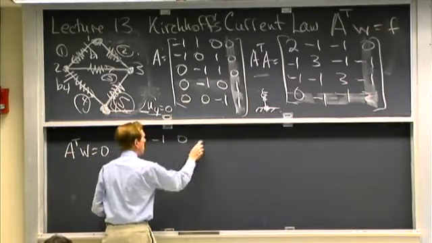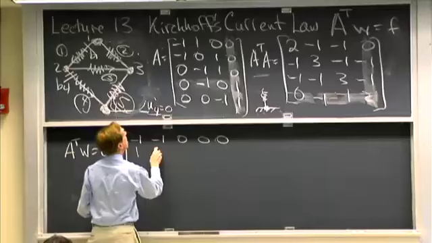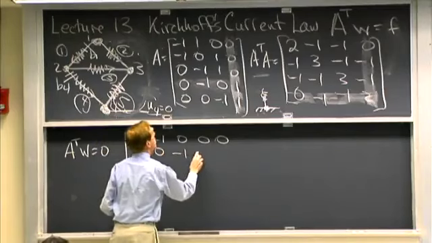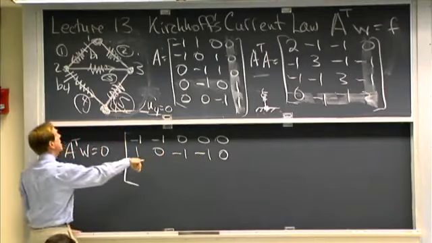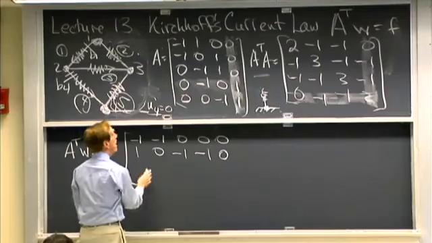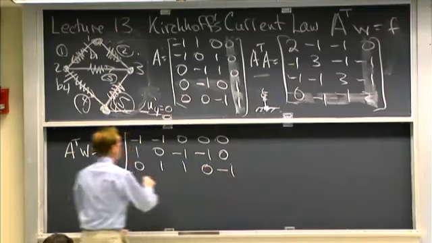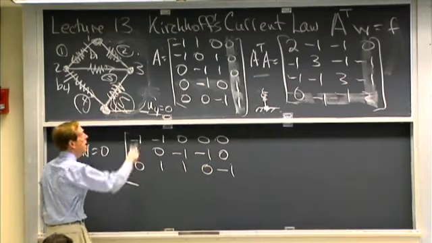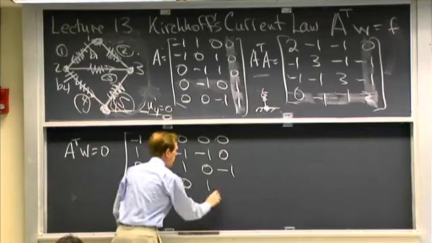Okay, so that becomes a row. That becomes the next row. Of course, I see 3 guys going into node 2. Then the one that I looked at before, that's the 3 edges that meet node 3. And then the last one, let's keep the last one in for now.